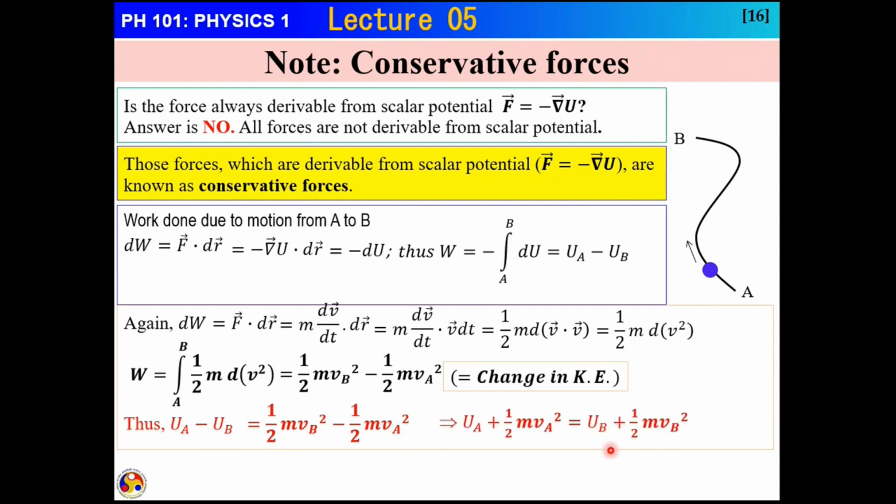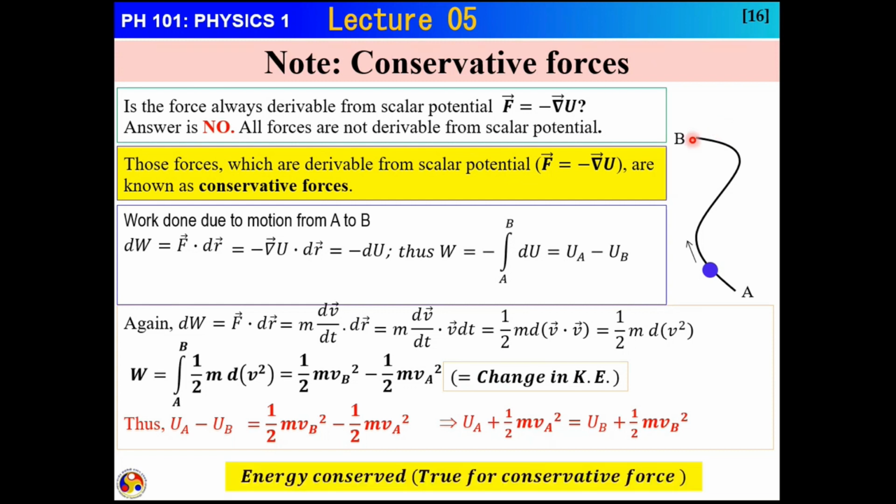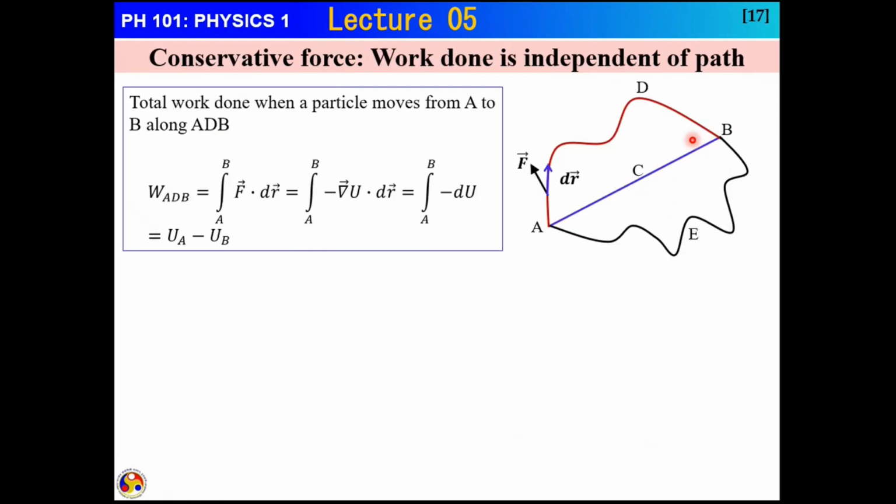And this tells that total energy is conserved. Here UA plus half m va square, kinetic energy plus potential energy, is the total energy. So this is the conservation of energy, and this is only true for the conservative force.